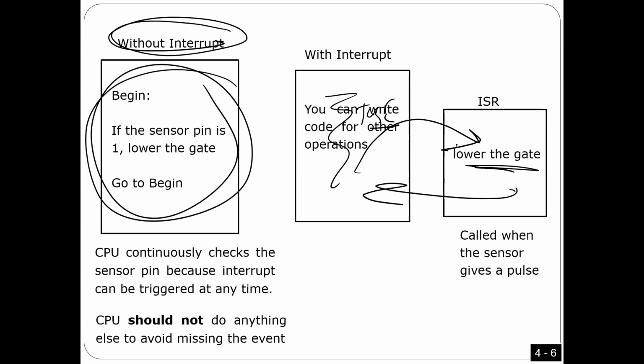Is that interrupt tied to the clock? Is it your microcontroller checking it every time on the clock, or is it hardware? This is hardware. I don't need to write a command in the software. This check is done by the hardware, not by the CPU.